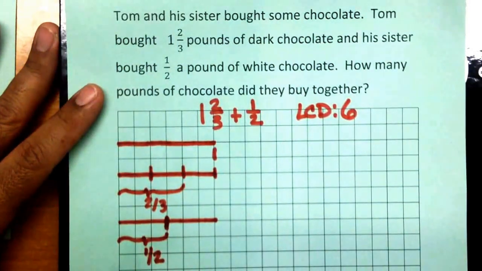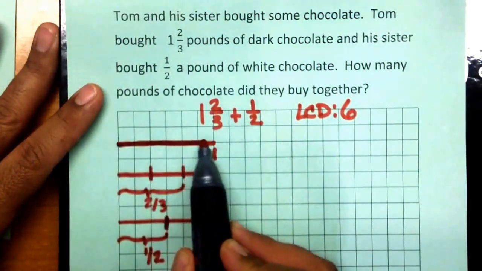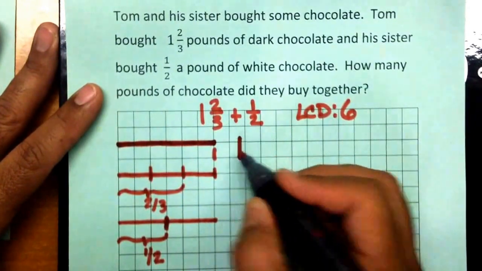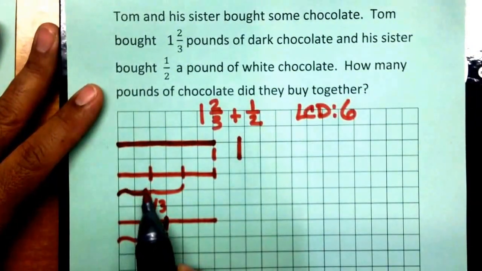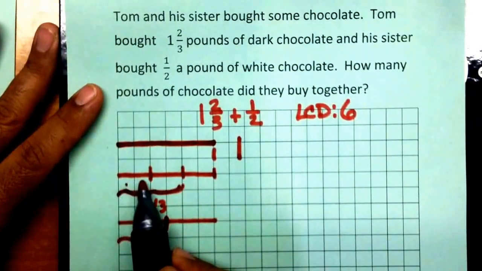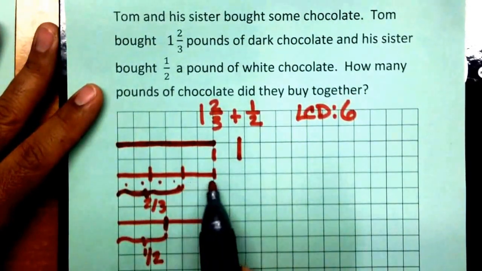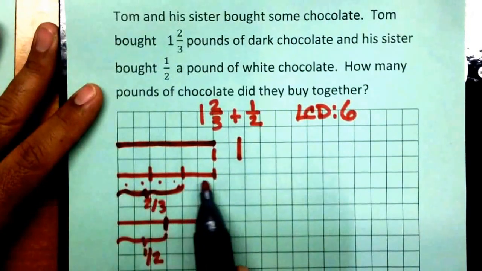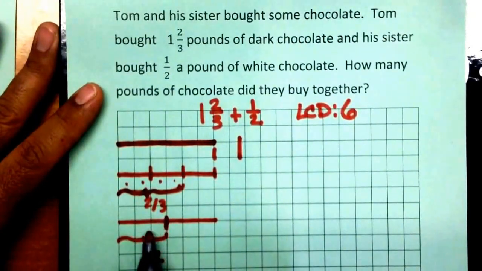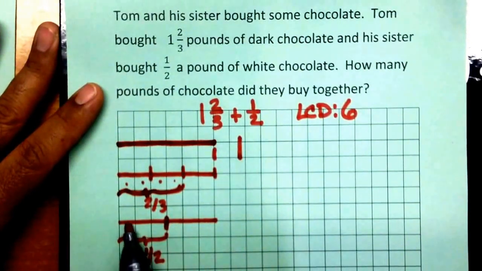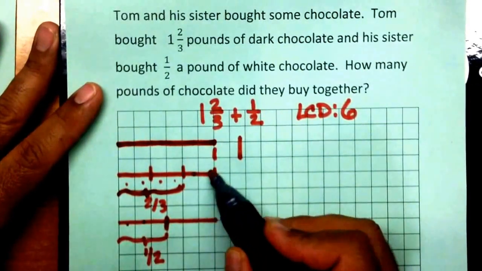Since we're adding everything together, we know we have 1 whole. 2/3 of the number line is 4 of these spaces. Another 2 in here would give us another whole. We know we've got 3 of these spaces in here. We can use these 2 to represent those 2.